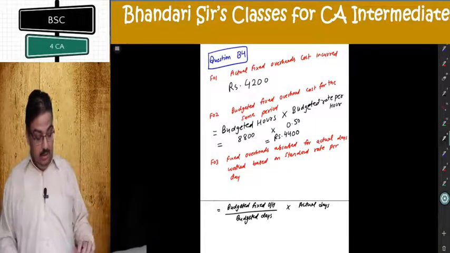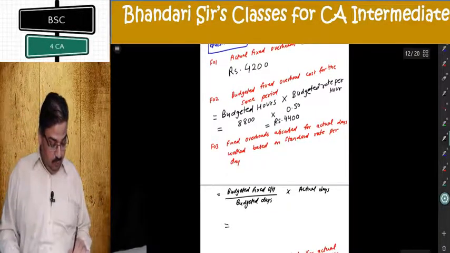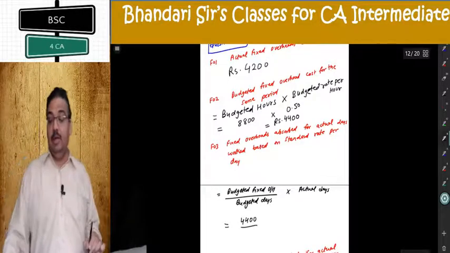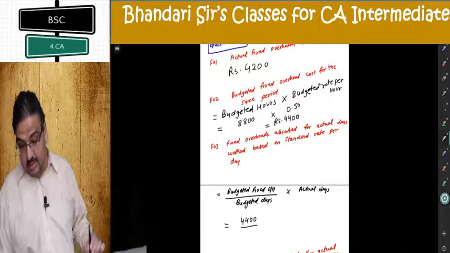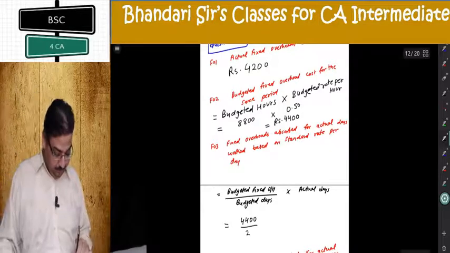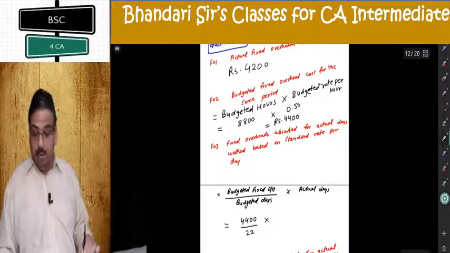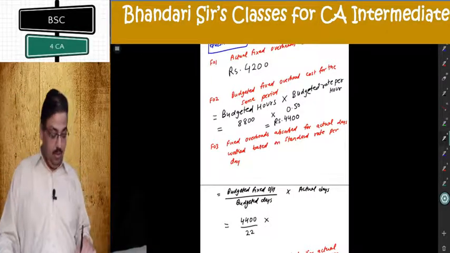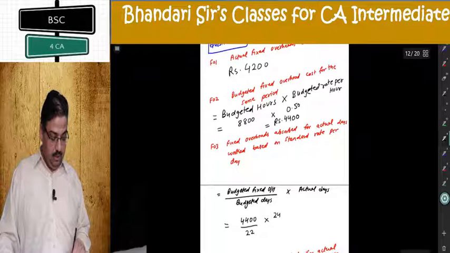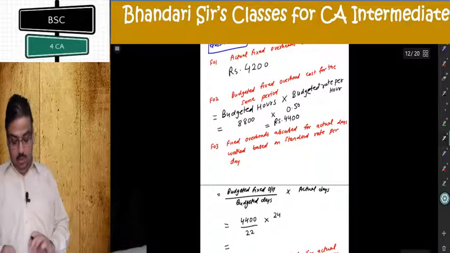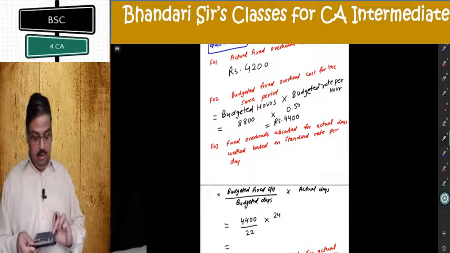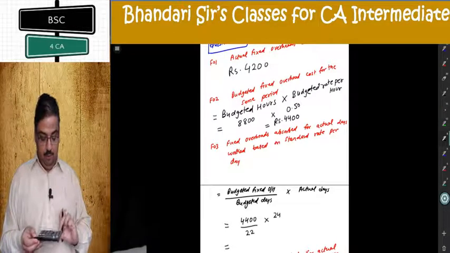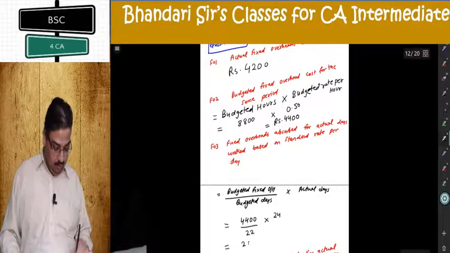In FO3, 4400 divided by budgeted days. Budgeted days are given there, 22. Multiplied by actual days. Actual days were given in the beginning, 24. So 4400 divided by 22 multiplied by 24. 200 into 24.